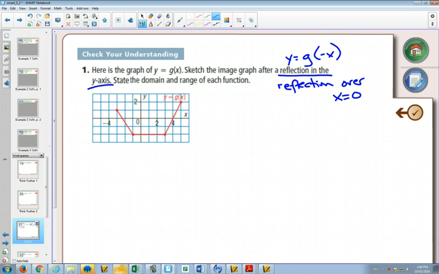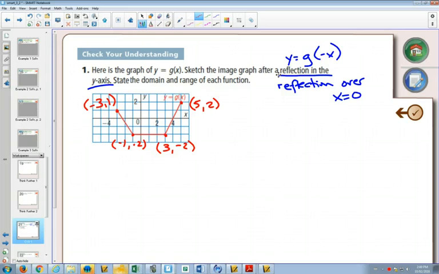If we did that, all that's going to happen is we're going to take the points that we have and label them here. So I've got (-3, 1), (-1, -2), (3, -2), and (5, 2).